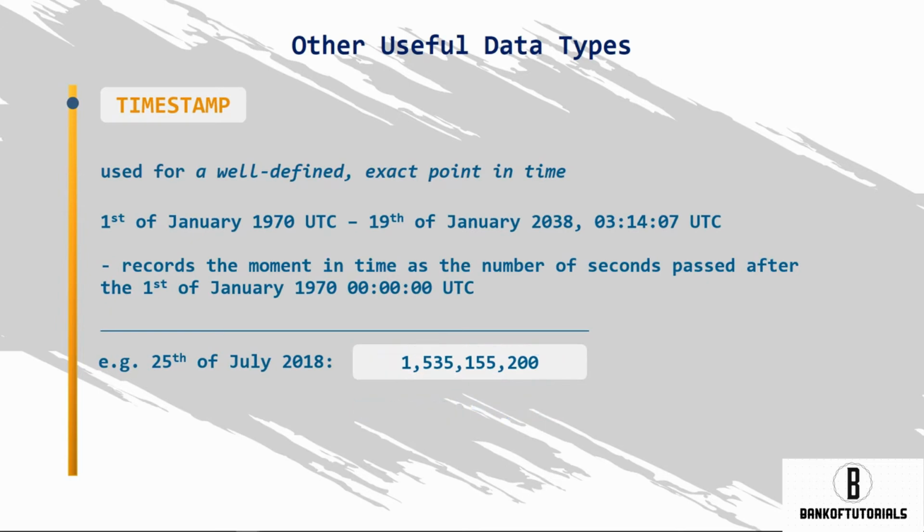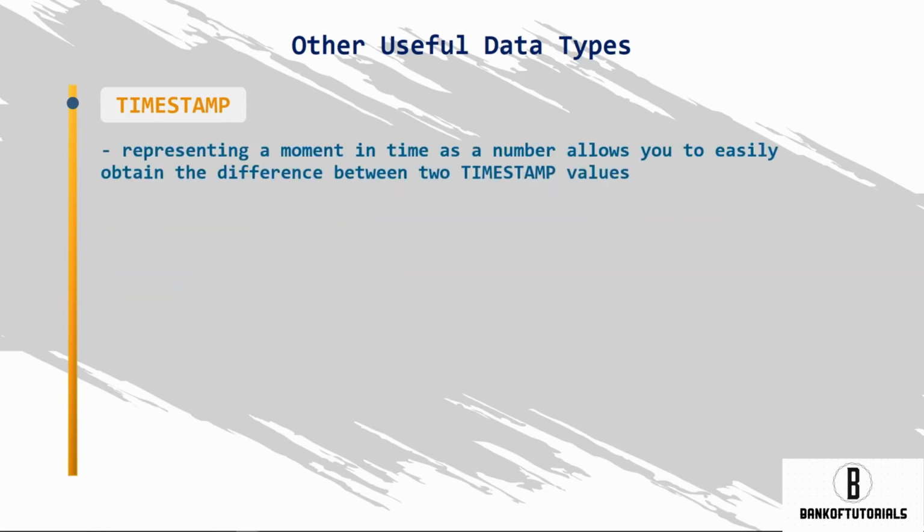Professionals would love to discuss storage space and processing speed differences between timestamp and date time, but I suggest you remember the following. First, representing a moment in time as a number allows you to easily obtain the difference between two timestamp values.